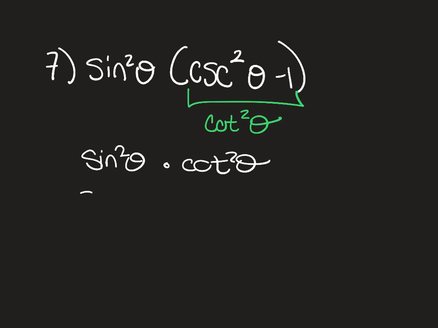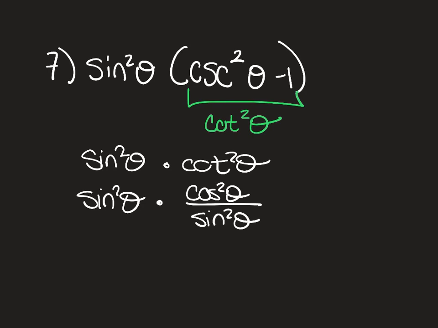I'm going to rewrite my cotangent squared. Cotangent we know is the same thing as x over y, which is my cosine squared theta over my sine squared theta. My original sine squared is like sine squared over 1, and then these sines are going to cross off. So I'm left with cosine squared over 1, which is just a cosine squared theta.